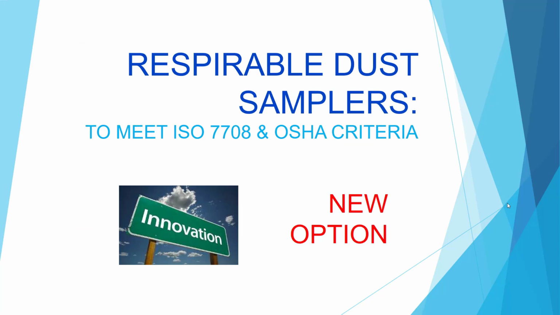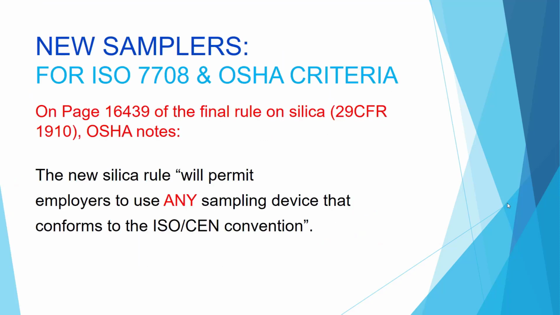Cyclones have been around for a long time, but in recent years, a new sampling option has emerged. The good news is that OSHA permits employers to use any sampling device that conforms to ISO 7708, also known as the ISO CEN convention.